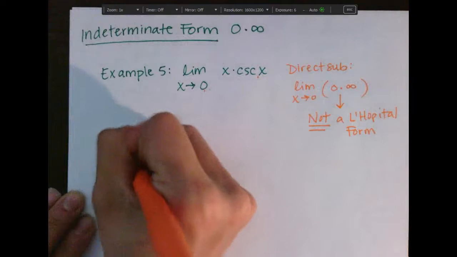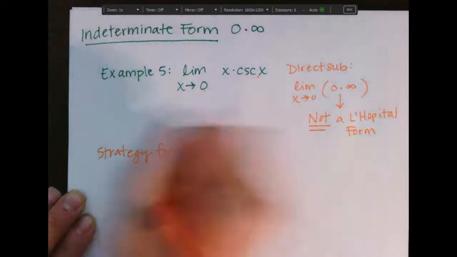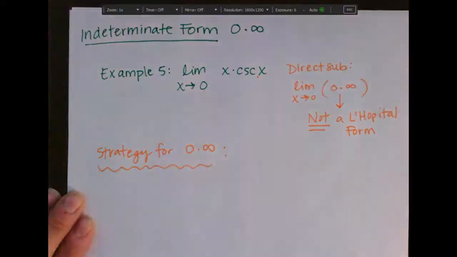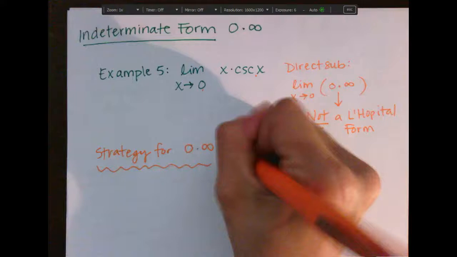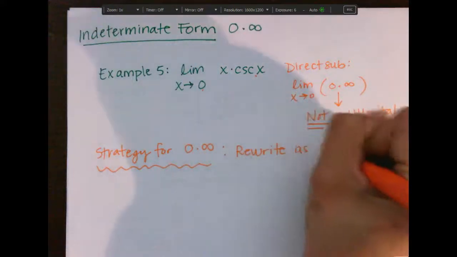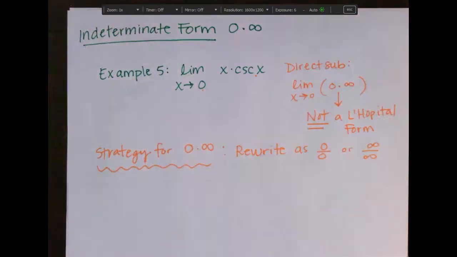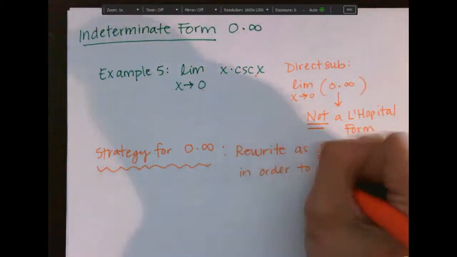So the strategy for 0 times infinity, when we have that form, in order to be able to use L'Hopital's, is to rewrite this as 0 over 0 or as infinity over infinity in order to use L'Hopital's rule.